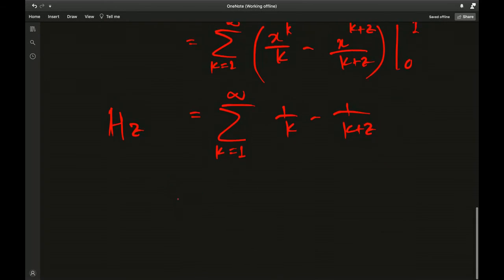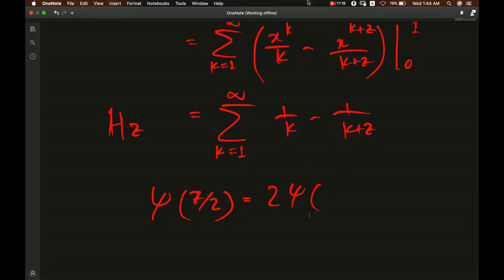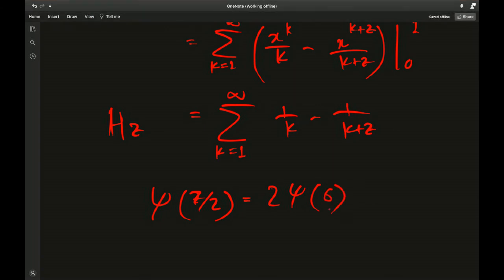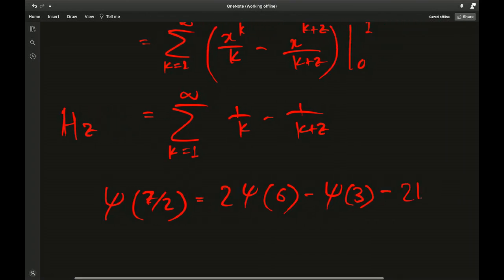So that's one fabulous result, because that allows us to find the value of, say, digamma of 7 halves. We can totally use the formula: 2 times digamma of 6, I believe, minus digamma of 3 minus 2 times natural log of 2.